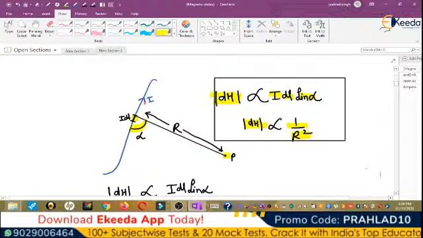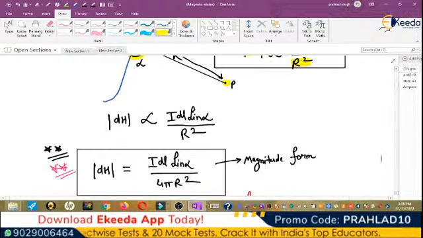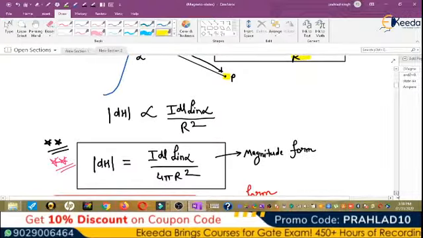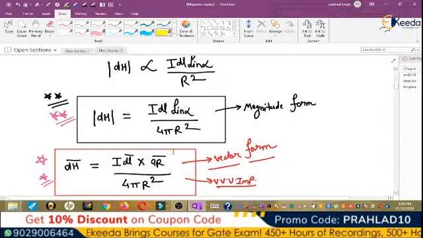Combining these two, the magnitude of dH is proportional to I dl sine alpha by r square. When we remove the proportionality, a constant comes here, and that constant is 1 by 4 pi.